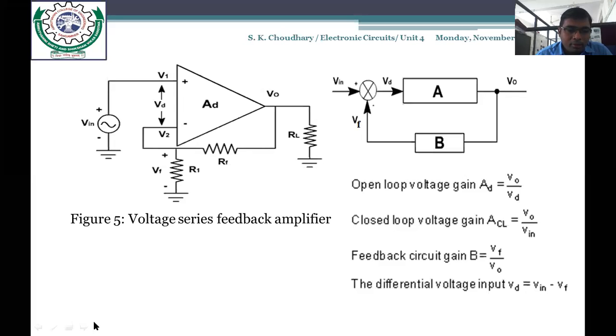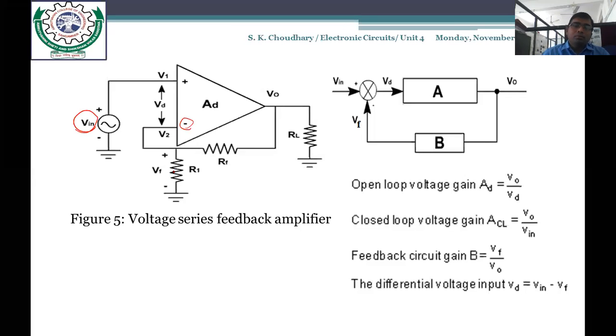One is the non-inverting terminal, where we have applied the input voltage signal Vin, and at the inverting terminal we have taken a fraction of the output through RF and R1. There is a voltage divider network, and it is applied to the inverting terminal.